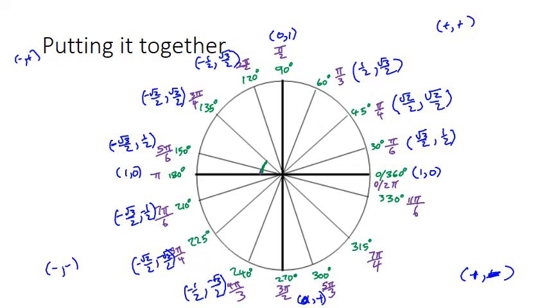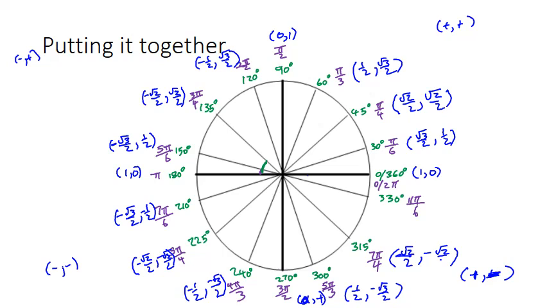Our 60 degree reference angle in quadrant 4 would be positive, negative, so that would be positive 1/2 and negative radical 3 over 2. 7 pi over 4, that would be 45 degree reference angle, which would be positive radical 2 over 2 and negative radical 2 over 2. And finally, our 11 pi over 6, or 330 degrees.